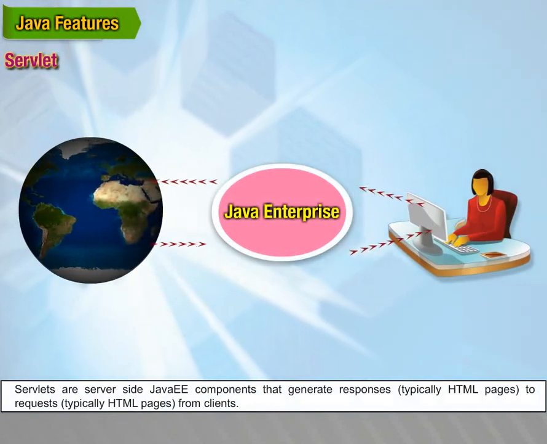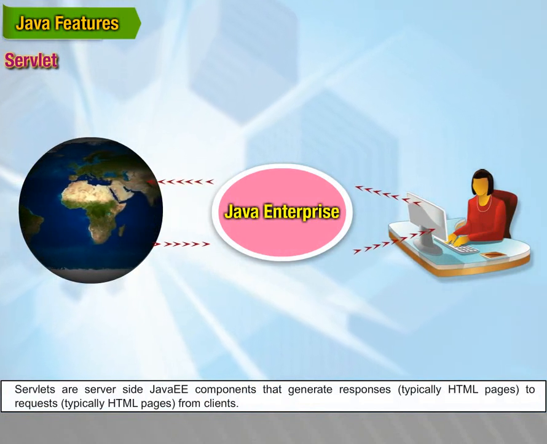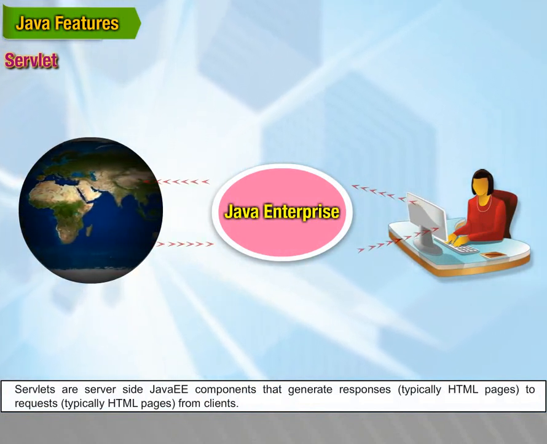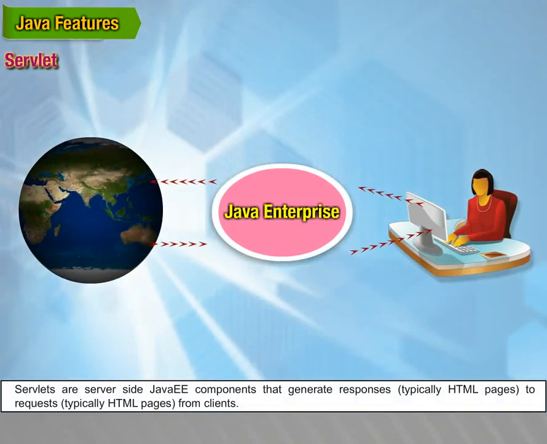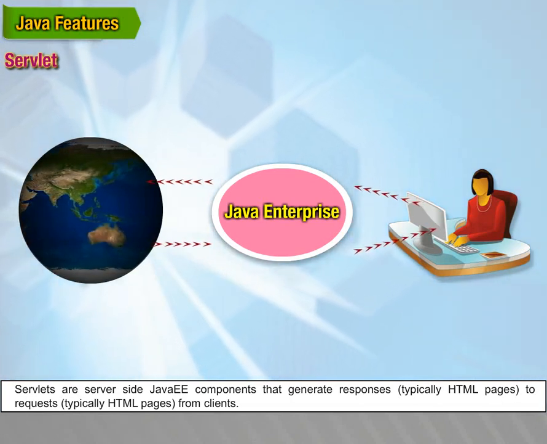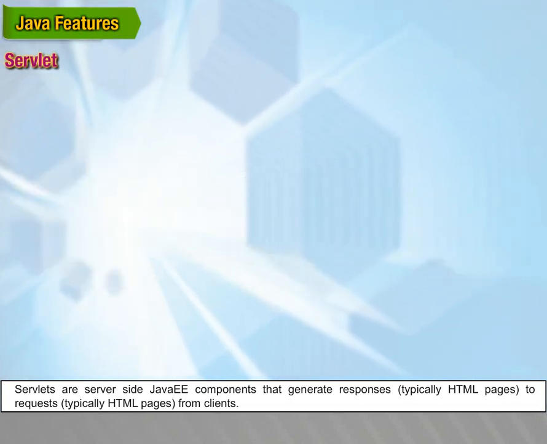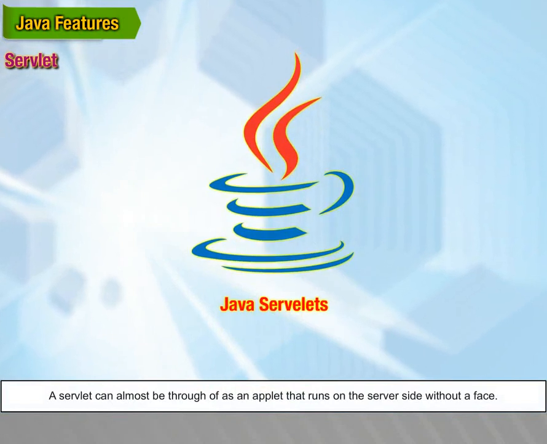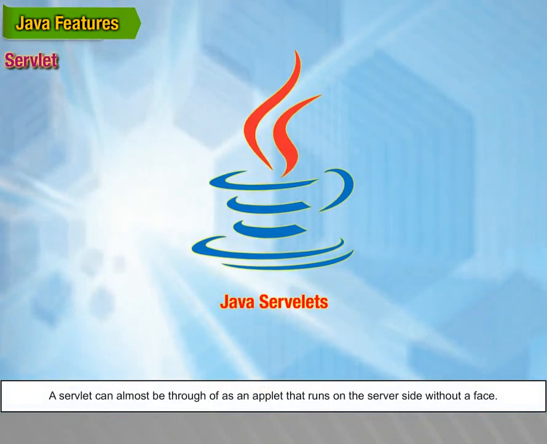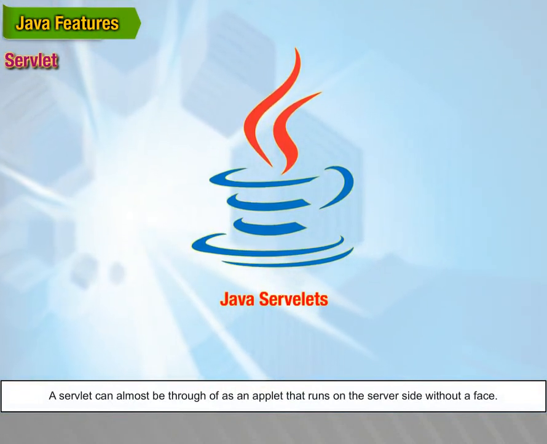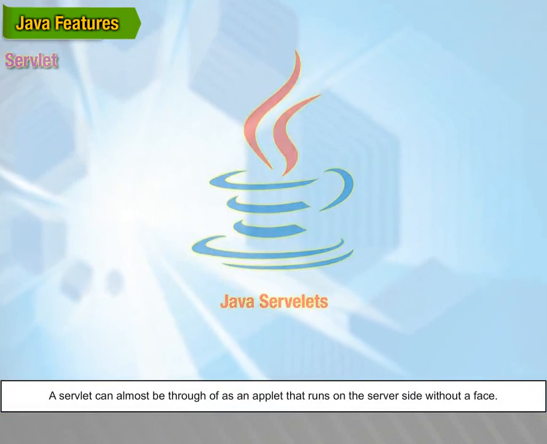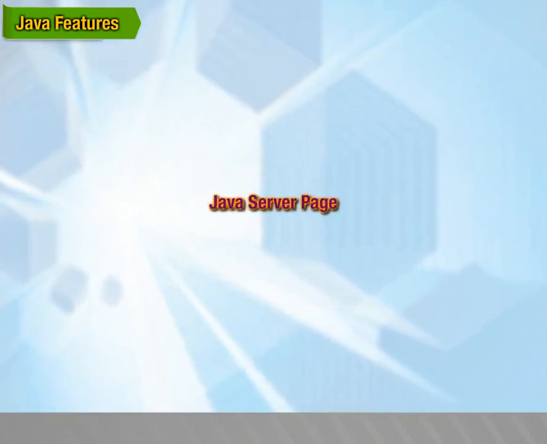Servlets are server-side Java EE components that generate responses, typically HTML pages, to requests, typically HTTP requests, from clients. A servlet can almost be thought of as an applet that runs on the server side without a face. Java Server Page.